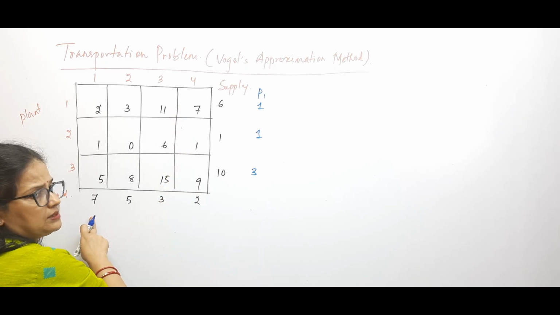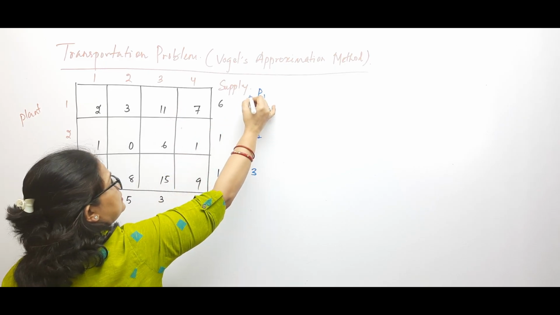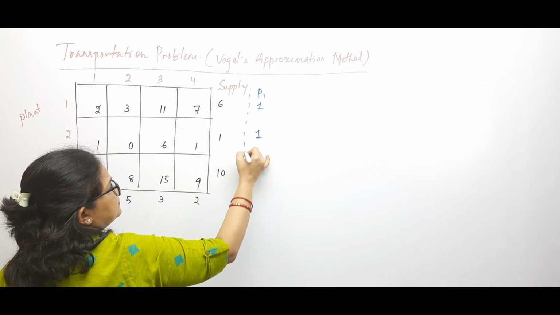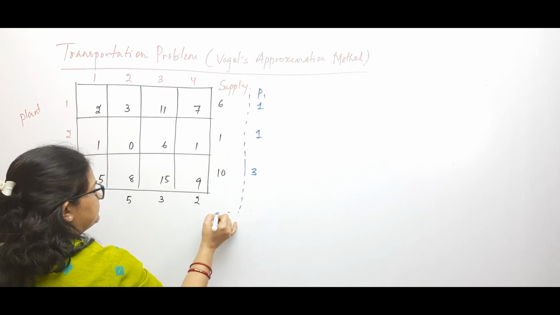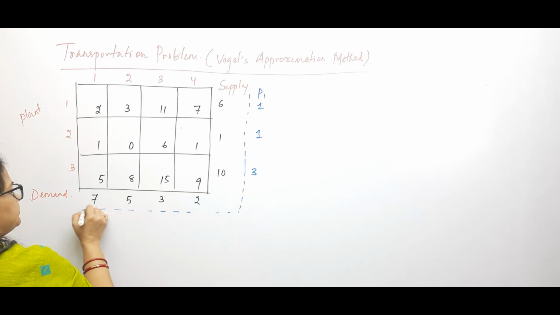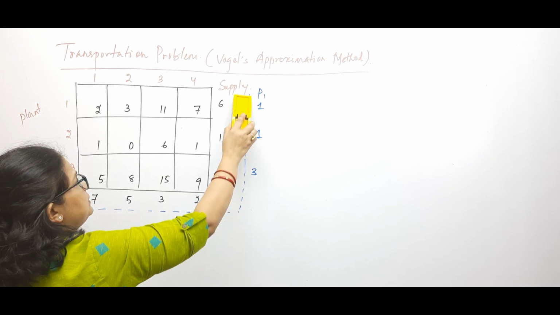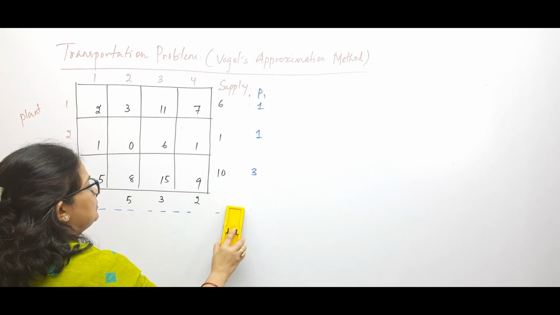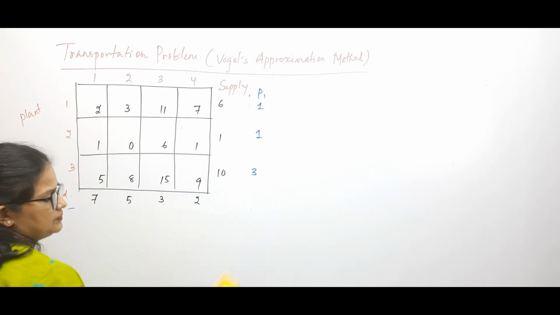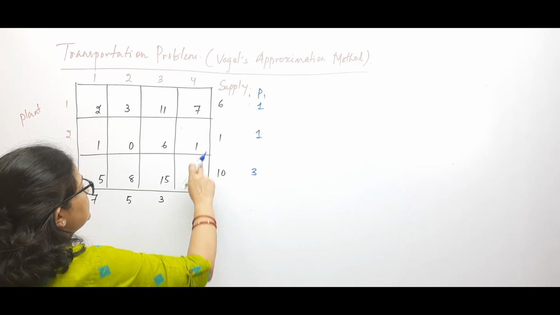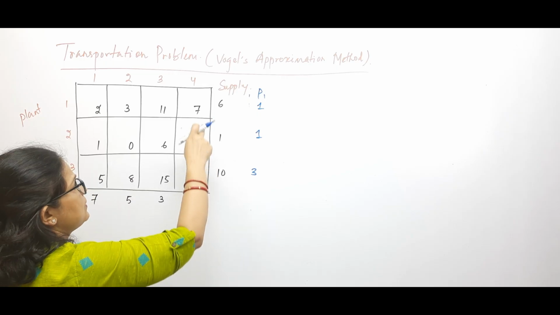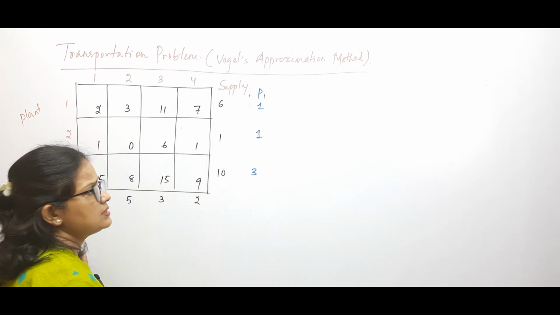Again, we have to calculate column wise. If we calculate column wise, the least cost is 1 and the next least cost is 7.